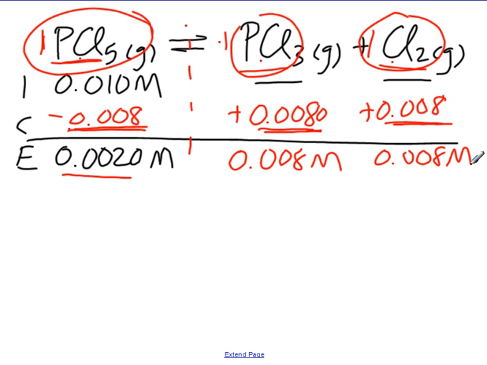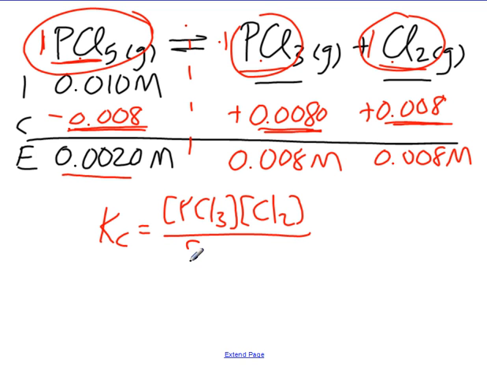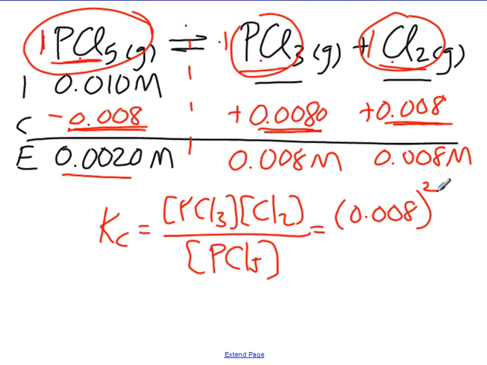find Kc. Kc equals concentration of PCl3 times the Cl2 divided by PCl5 concentration equals 0.008 squared. Notice you can save time sometimes if you're multiplying the same thing by itself.